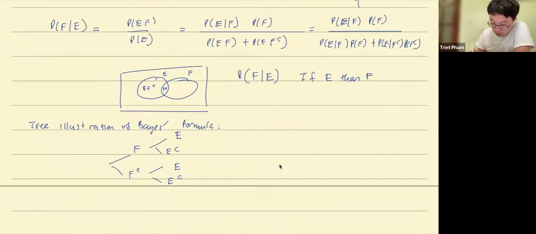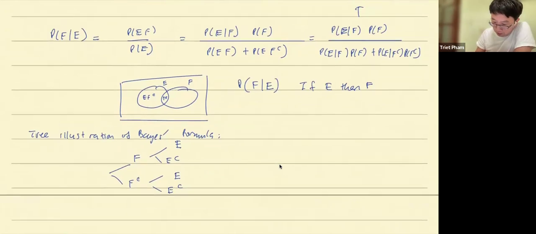So when you look at something like this, you can think of it as a tree. You start out with the starting point, you can either go with F or F complement. If you go with F, then you can branch out with E or E complement. If you go with F complement, you can also branch out with E or E complement. Now when you ask for P of F given E, what are you asking?